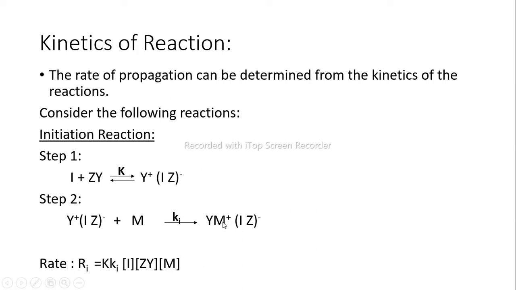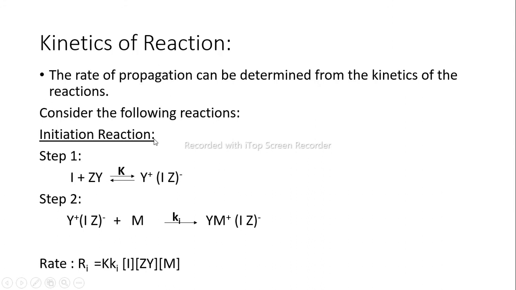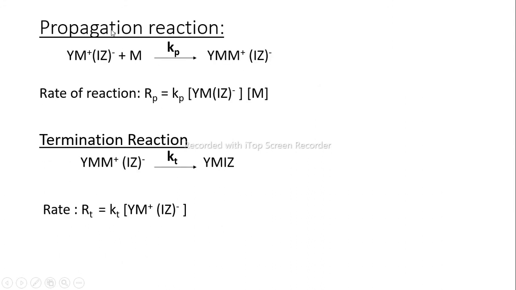Now after this initiation reaction comes the propagation reaction, as we studied before. In this step the carbocation which was obtained in initiation step 2 reacts with the monomers to form a chain called a polymer. This carbocation is now reacting with this monomer and giving us a chain-like structure.